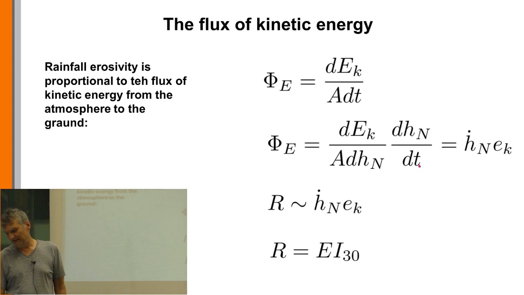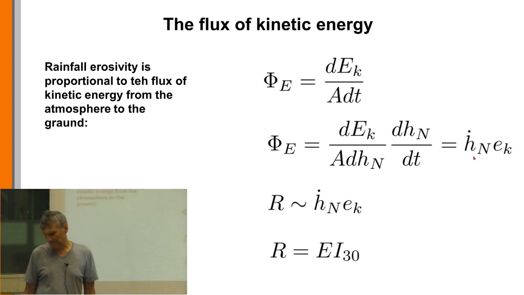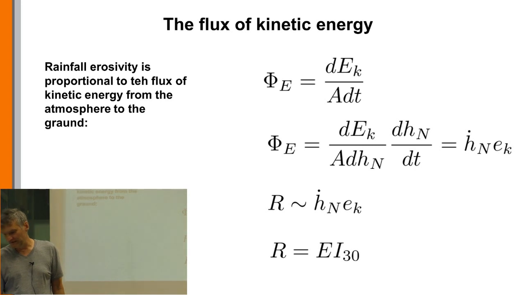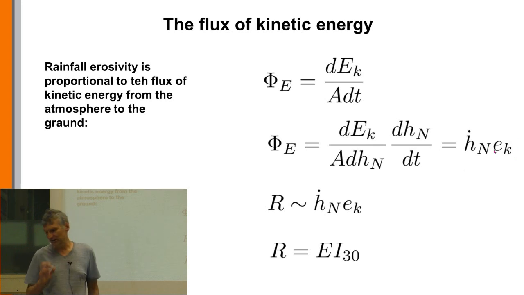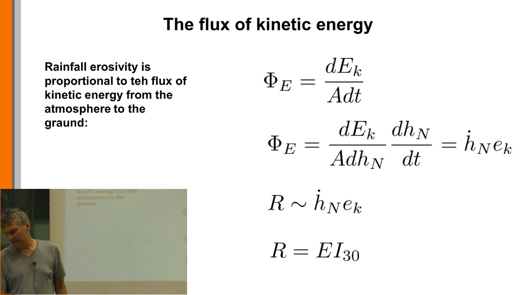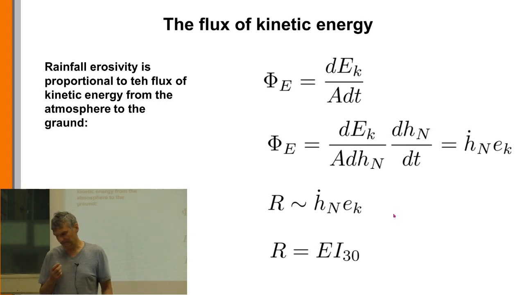The dH rainfall divided by dt is nothing else than the rainfall intensity. So the flux of kinetic energy is the energy density times the rainfall intensity. And this actually is the rainfall erosion factor. The rainfall erosion factor is always assumed to be proportional to the rainfall intensity and the kinetic energy density.